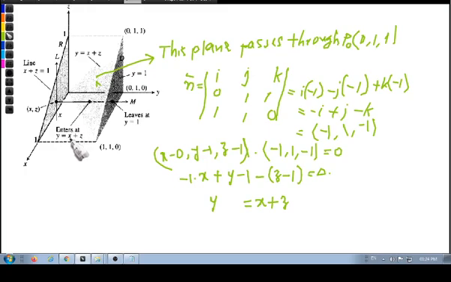So y equal to x plus z and y equal to 1, you solve simultaneously. So you will get x plus z is equal to 1, that is a line in the xz plane, and this is that line. It will pass through this point and this point.